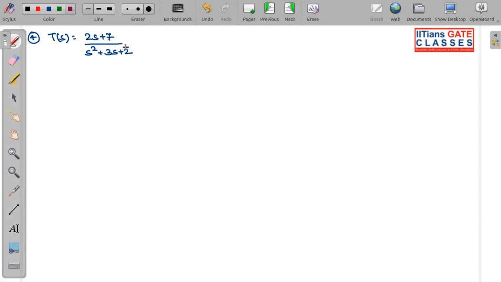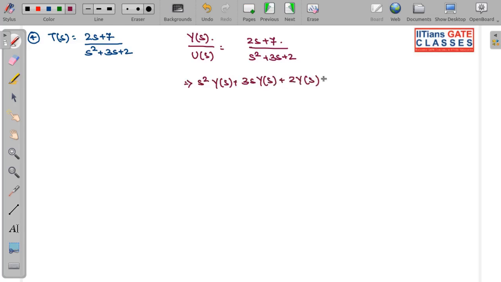So how do we solve such type of problem? How do we form the state model? If you look over here, we write Y(s)/U(s) = (2s + 7)/(s² + 3s + 2). Cross multiplying, this will be s²Y(s) + 3sY(s) + 2Y(s) = 2sU(s) + 7U(s).